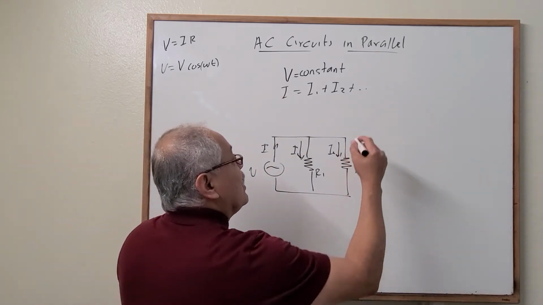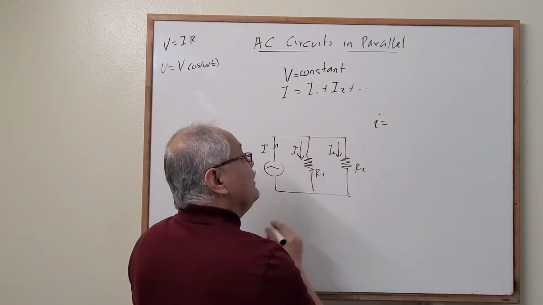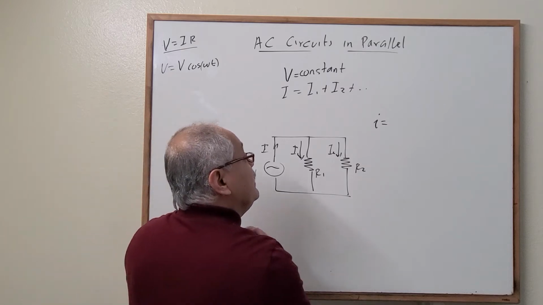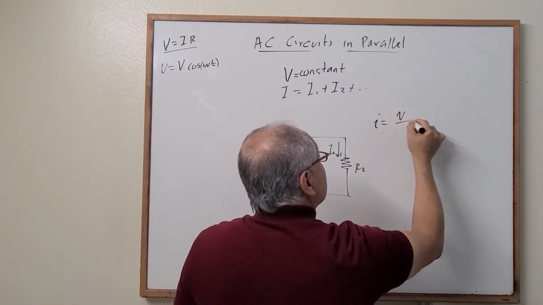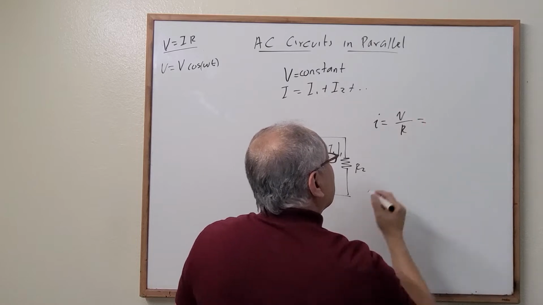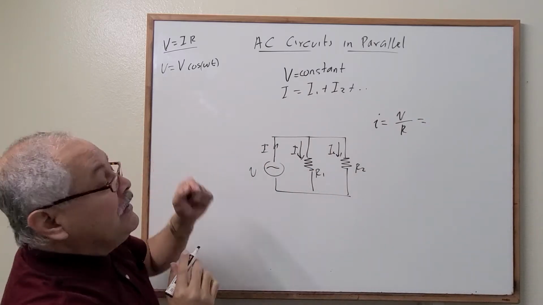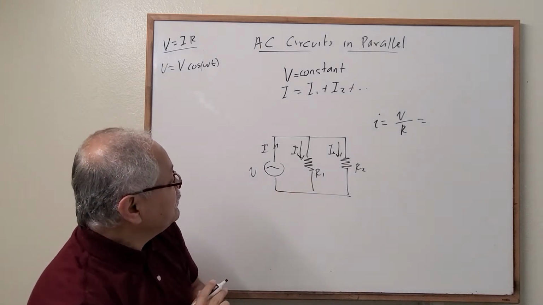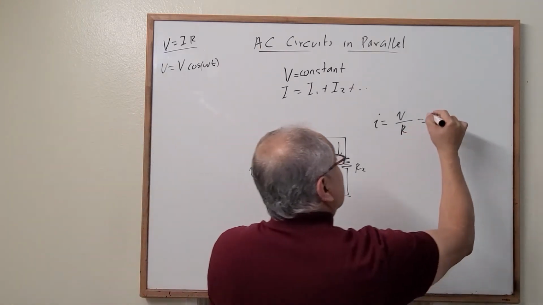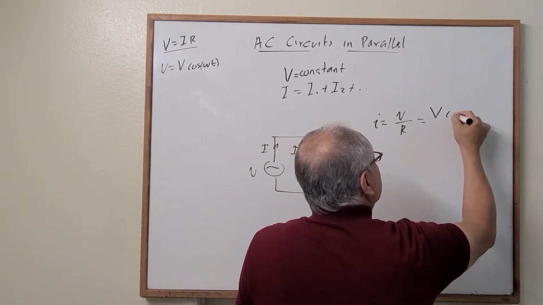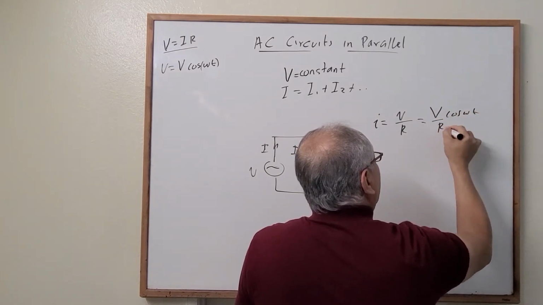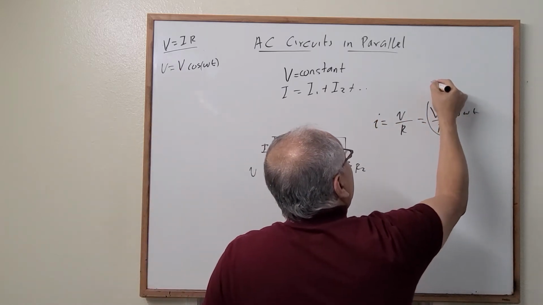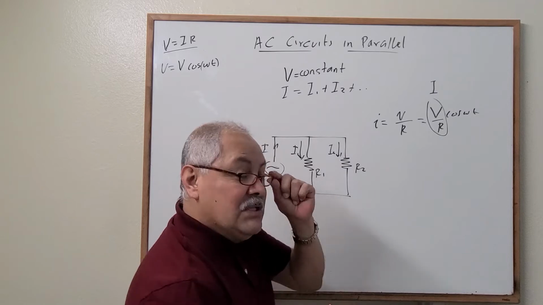So how do we define the instantaneous current? Well, according to Ohm's law, it is equal to voltage divided by resistance. What is the voltage? We're taking this to be the constant voltage through these two resistors, so we have the maximum voltage times cosine omega t divided by R. Again using Ohm's law, this is the total, or maximum, current.